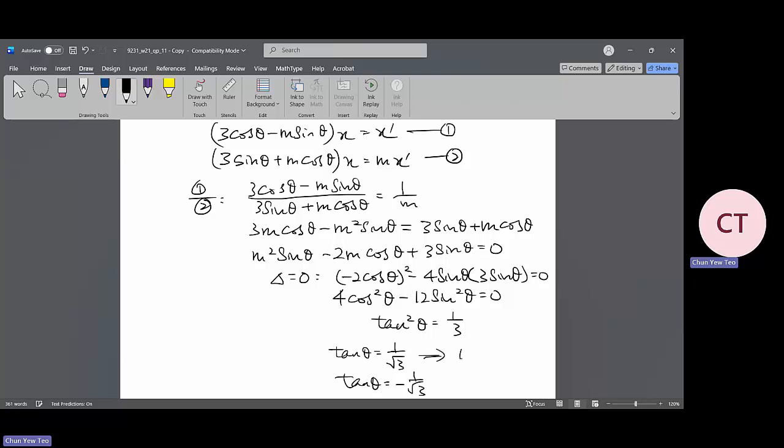So for this answer, your theta will be 60 degrees, or we want to write the answer in terms of radian. So we give pi over 6. Then another answer for this one will be 150 degrees. That will be 5 pi over 6 radian. Okay, so this is the answer for question number 4b.